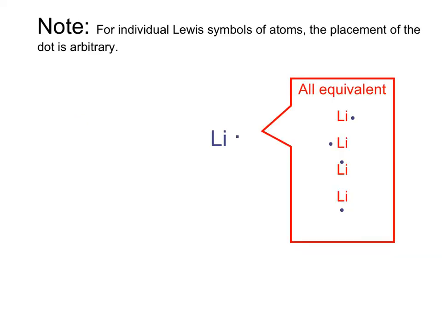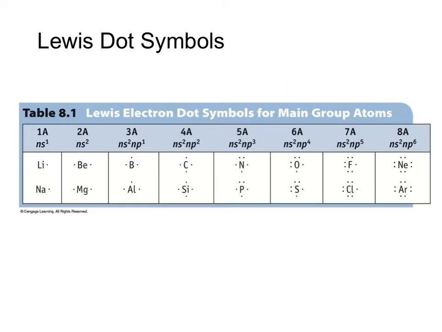Note that for the Lewis symbols of individual atoms, the placement of this dot is arbitrary. You can write it on any side of the element that you want. And so here we see the Lewis dot symbols for some of the main group elements.